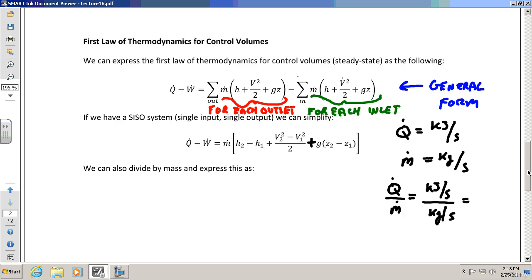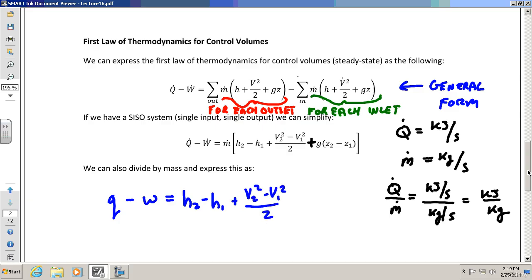If you work that out, the seconds cancel, and you get kilojoules per kilogram. So I'm going to divide both sides by m dot. If you do that, you get q minus w, those are lowercase, equals h2 minus h1 plus V2 squared minus V1 squared over 2 plus g times z2 minus z1.